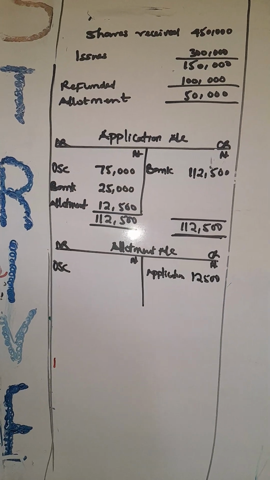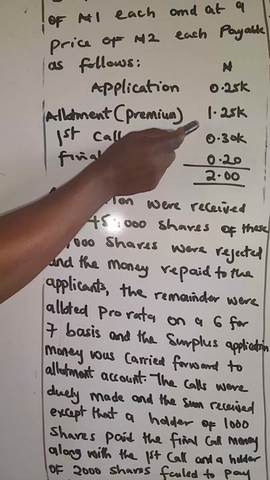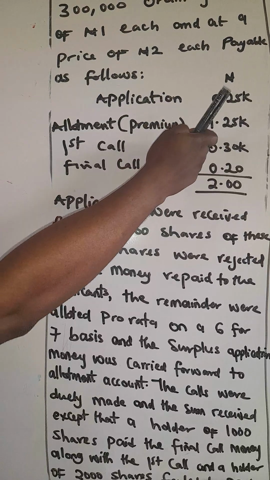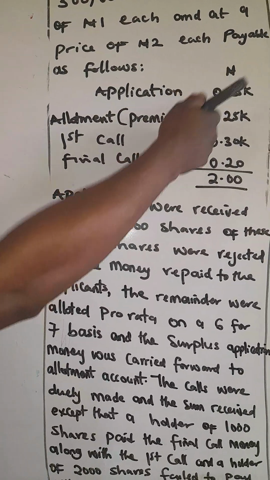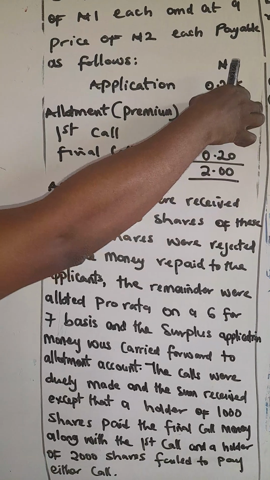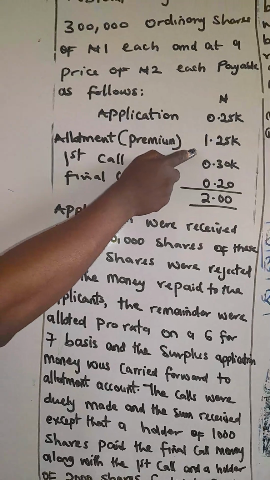Let's look at the ordinary share value. Now, there's a premium here. The premium on this is 1 naira, while the shares were issued at 25 kobo. So 25 kobo on this will go to ordinary share capital, while 1 naira will go to the share premium account.